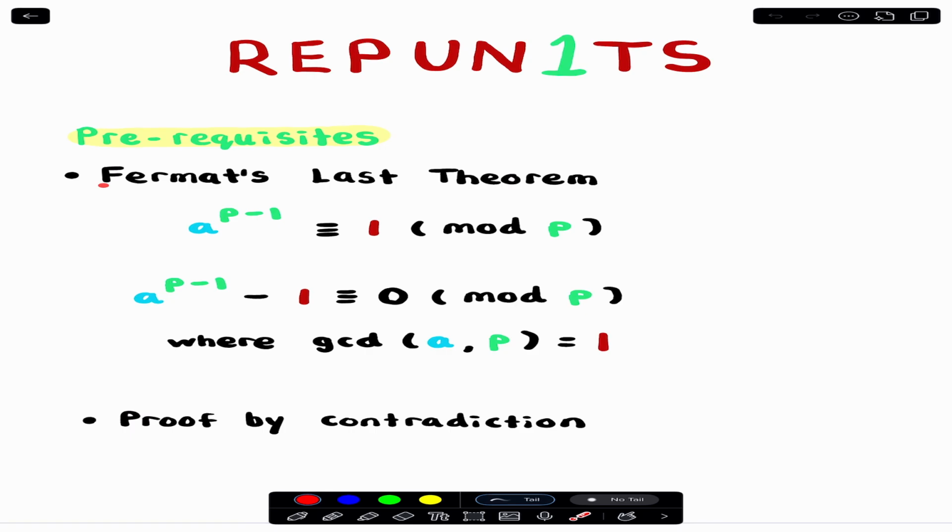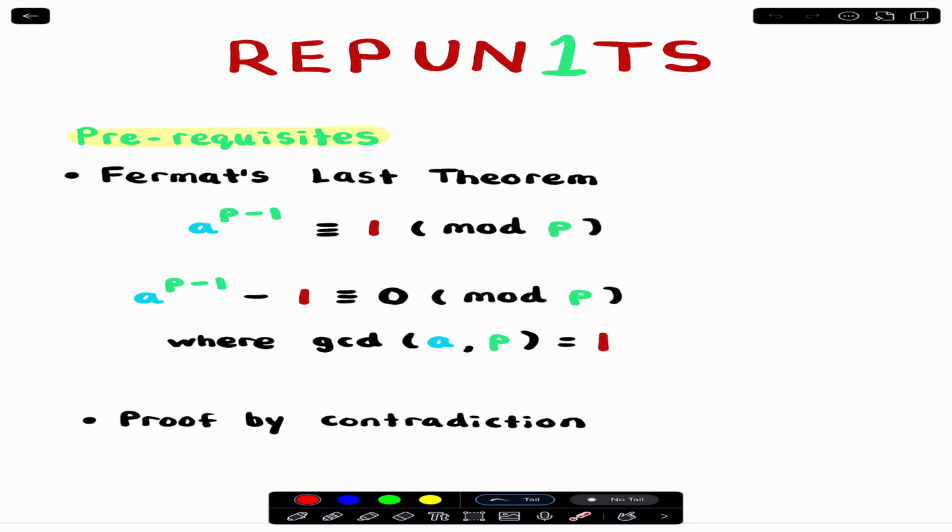But just as a quick reminder, it says for any integer a and any prime p, relatively prime to each other, in other words, their GCD is 1, we have this very useful formula. It states that a to the power of p minus 1 is congruent to 1 mod p.